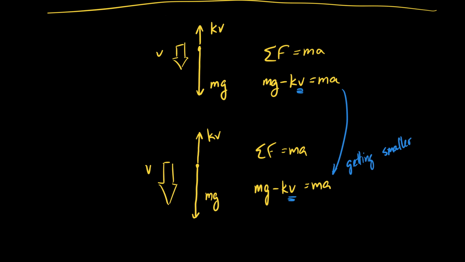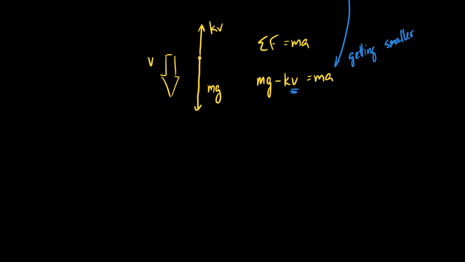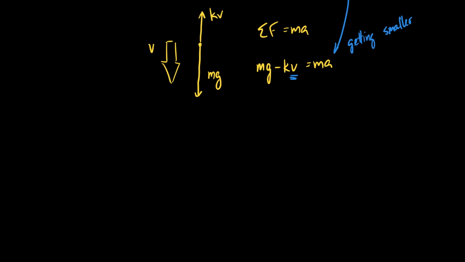So there's going to be an inevitable conclusion here. Eventually, we're going to reach a point where, although mg hasn't changed, the velocity has increased enough where the net force will equal 0. And that's the inevitable trend that's happening here.